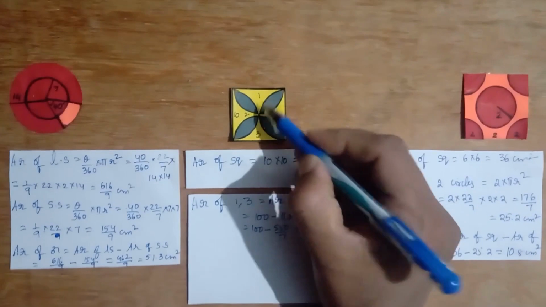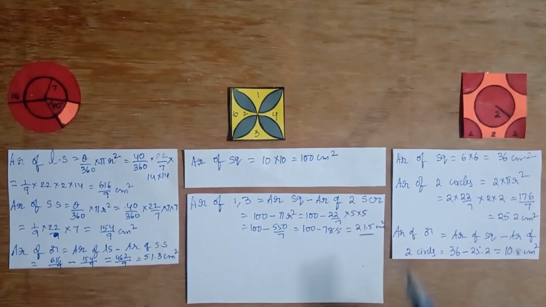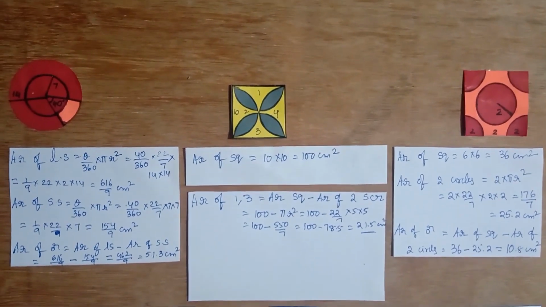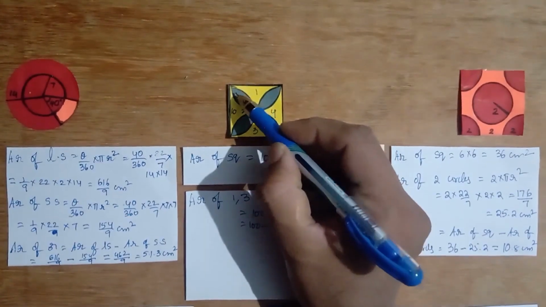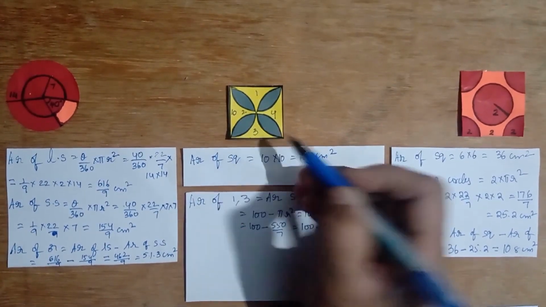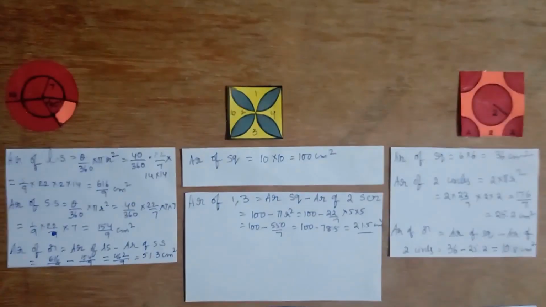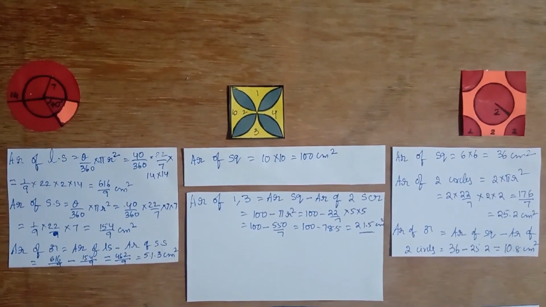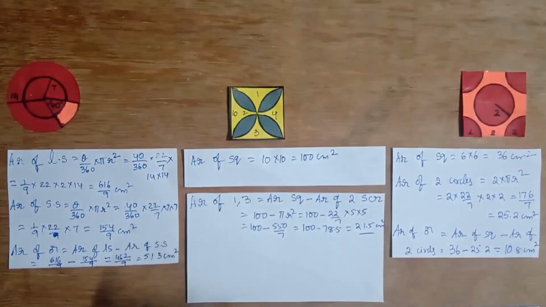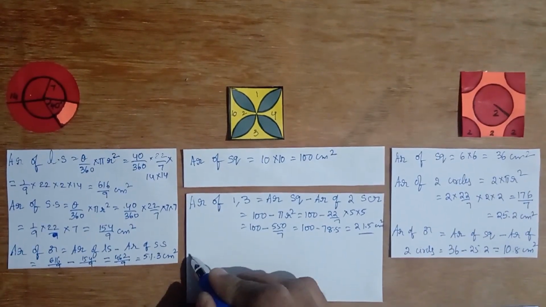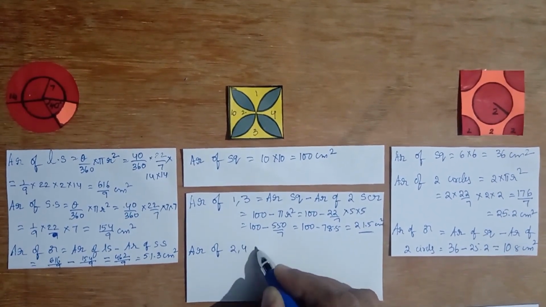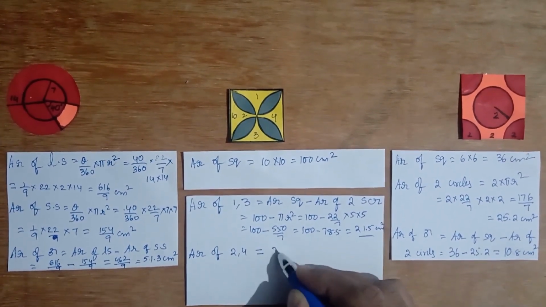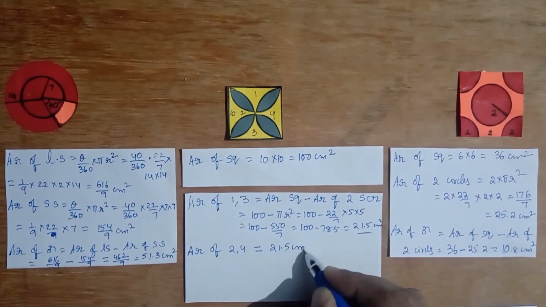Area of 1 and 3 is 21.5 centimeter square. Similarly, by subtracting the other two semicircles from area of square, we get area of 2 and 4 yellow regions. Similarly, area of 2 and 4 yellow regions equals the same 21.5 centimeter square.